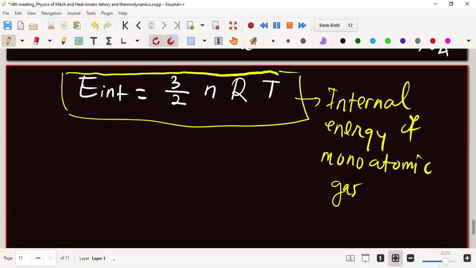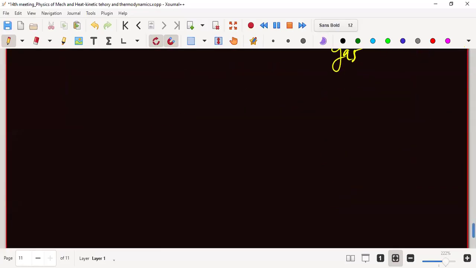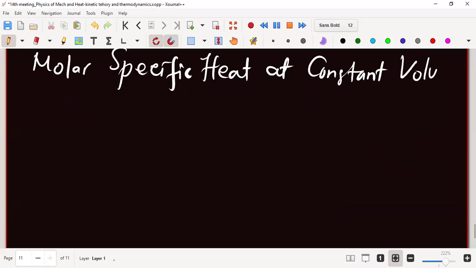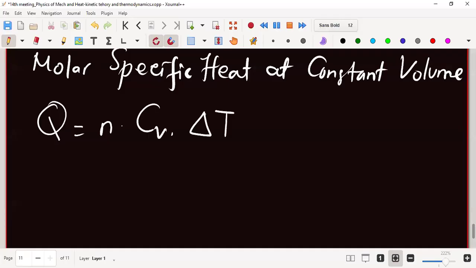Next is the molar specific heat at constant volume. The heat Q is equal to n Cv delta T. This one is for constant volume.